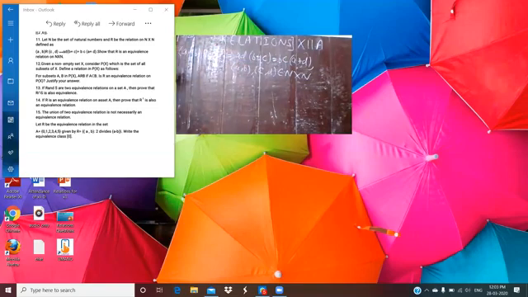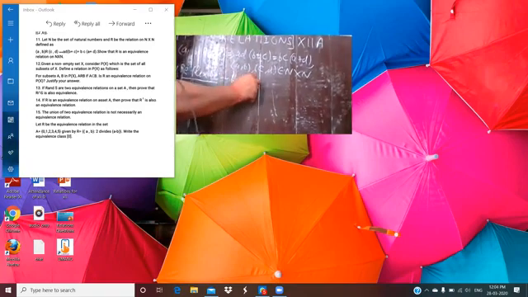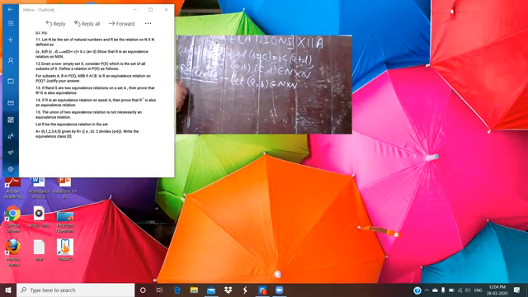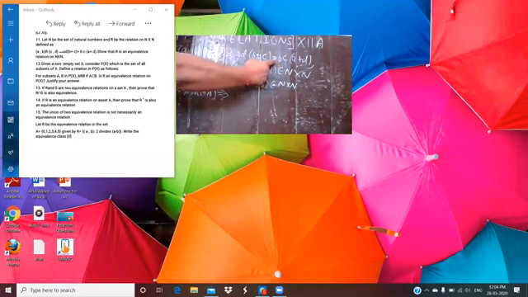If you want to prove it is an equivalence relation, it must be reflexive, symmetric, and transitive. So in the first part you have to write reflexive. In the case of a reflexive relation, first you assume that AB belongs to N cross N. You have to take one element. So you have AB R AB, which implies applying the same pattern we defined in your relation.